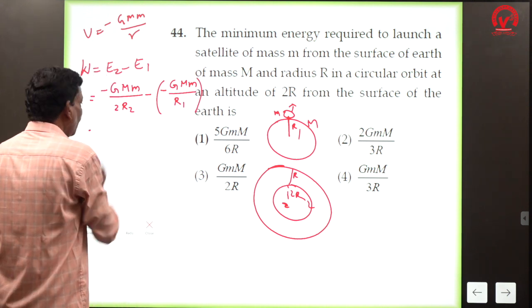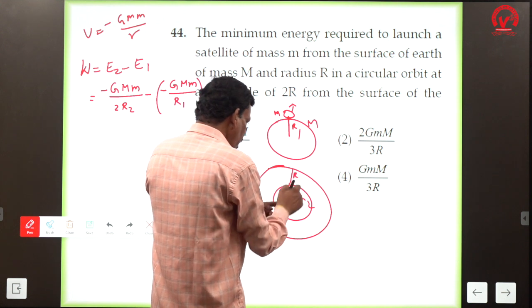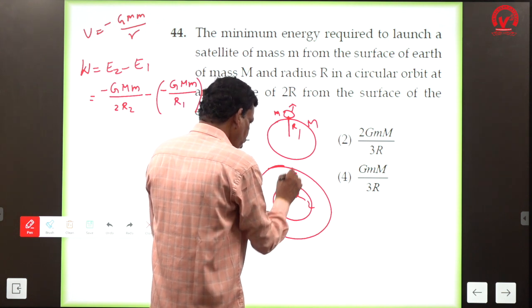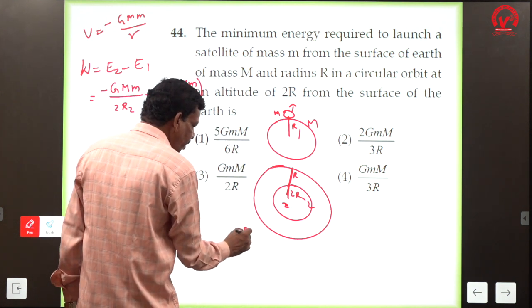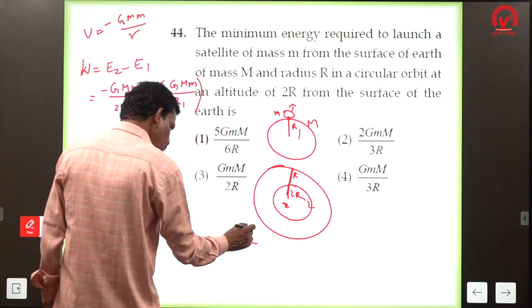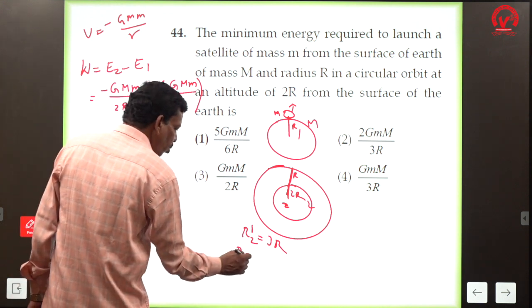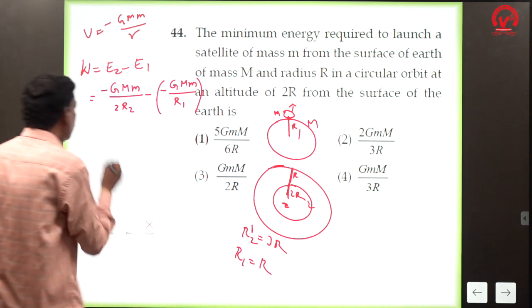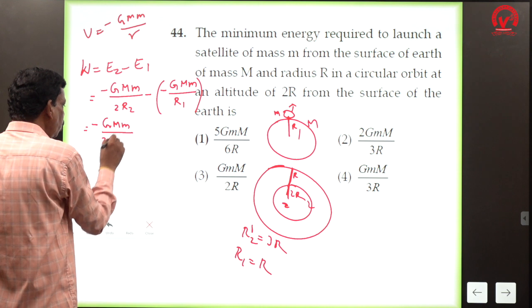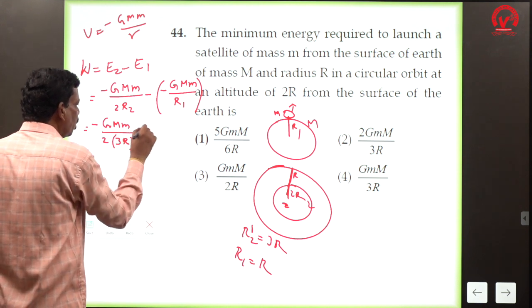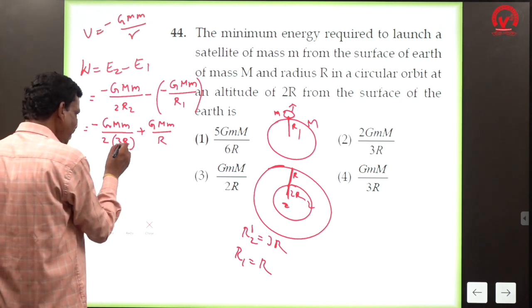Now totally what we have here? R plus 2R, that is R2 is equal to 3R. R1 is equal to R. Minus G capital M small m by 2 into 3R, minus into minus plus G capital M small m by R. Now 6R is the LCM.